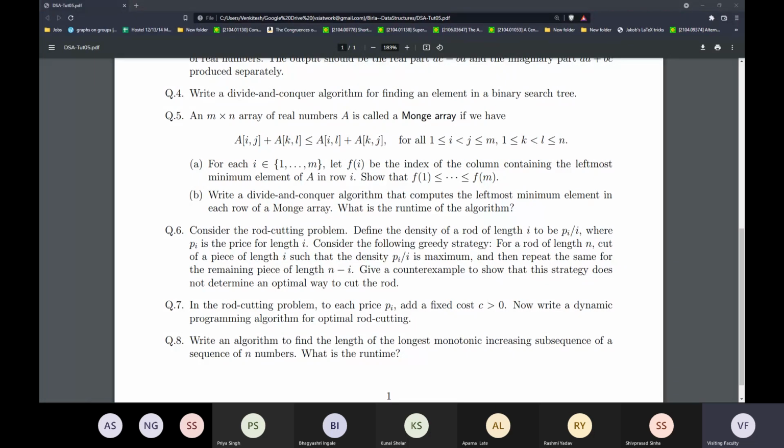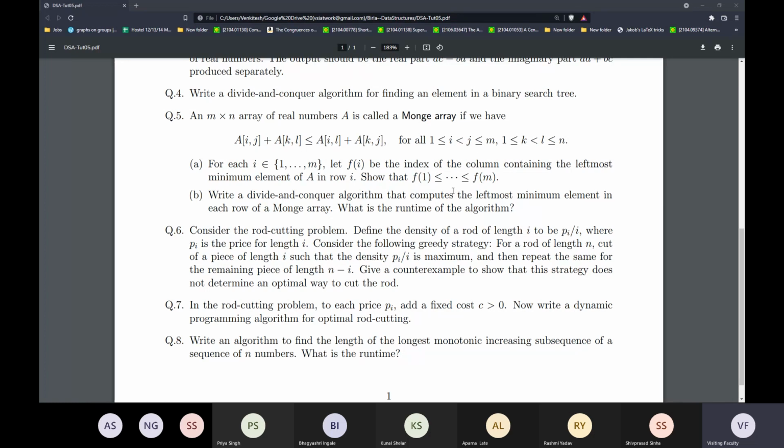So what should we do? First thing is to simply show that, okay, so this is a definition. For each i in 1 to n, for every ith row, f of i is the index of the column. Index of the column means, if it is first row, first column, then f of i is equal to 1.